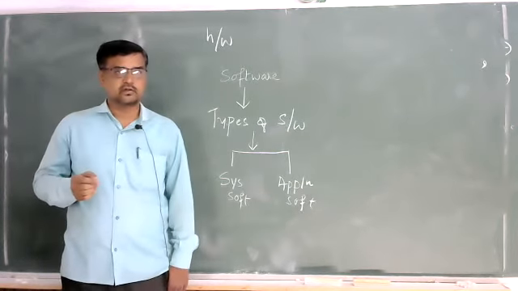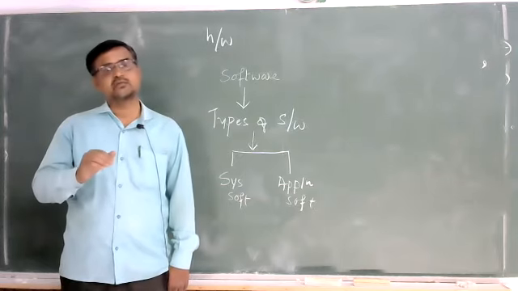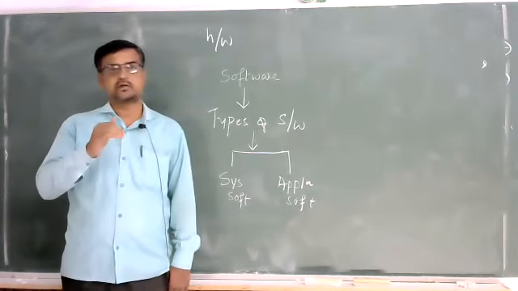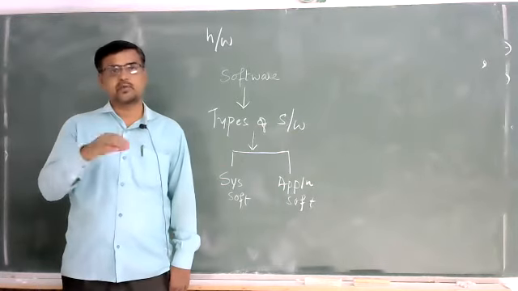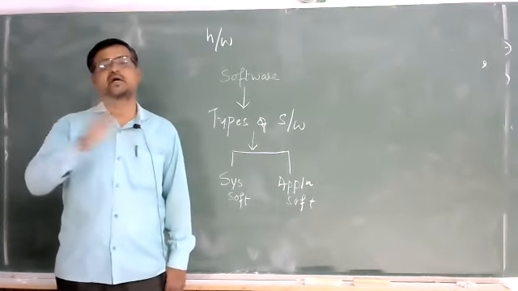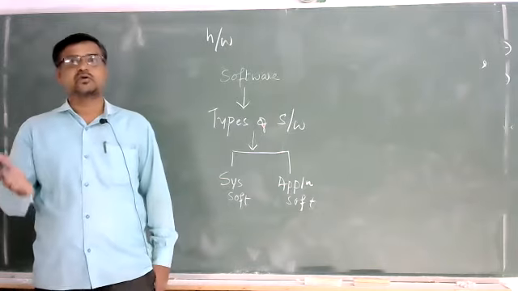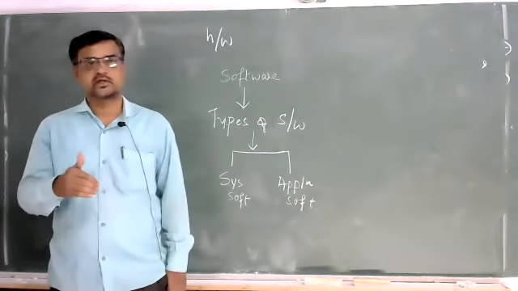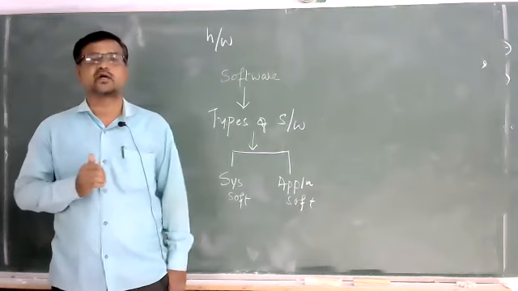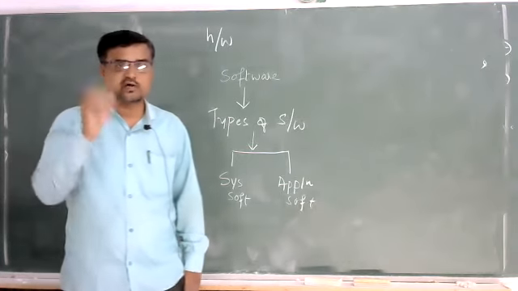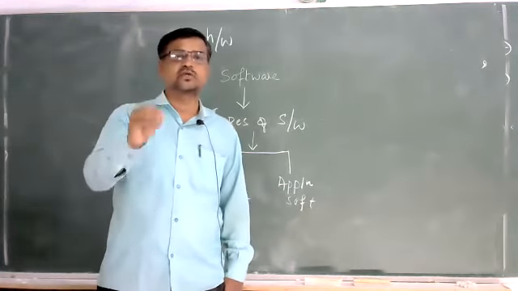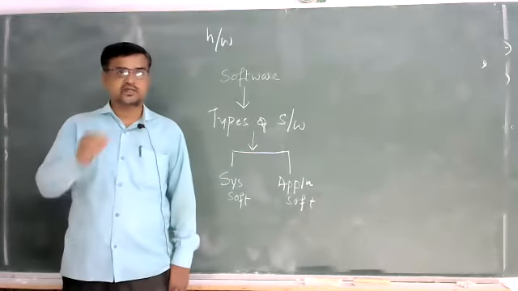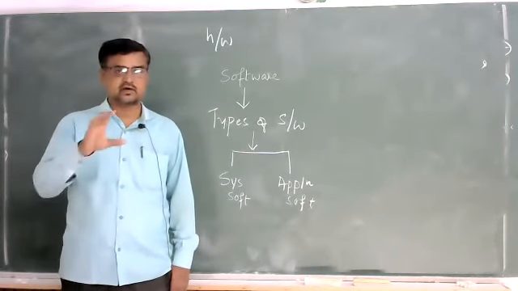No, right? So there are some general purpose softwares, some applications which are used in public, which means they are used by everyone. Those are all application softwares. Now the firmware is related to one particular organization and only that organization will be using that software.